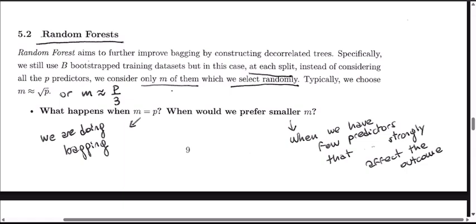Now, what is random forest bringing to the table? Random forest combines bagging with random subset selection of features.